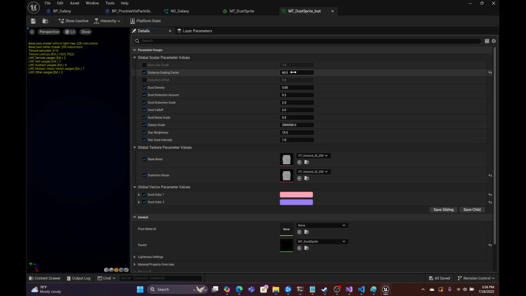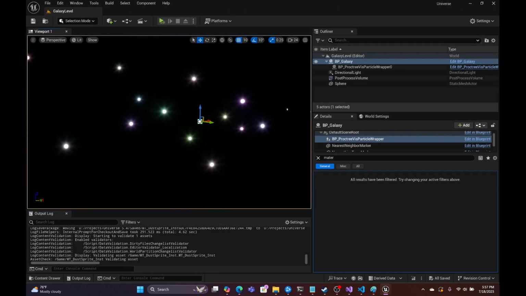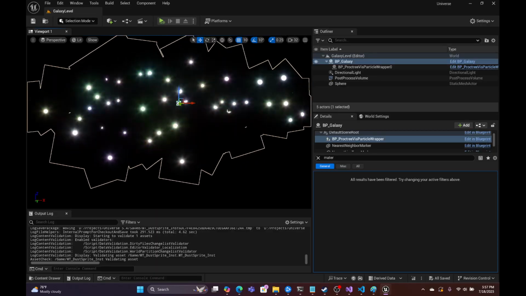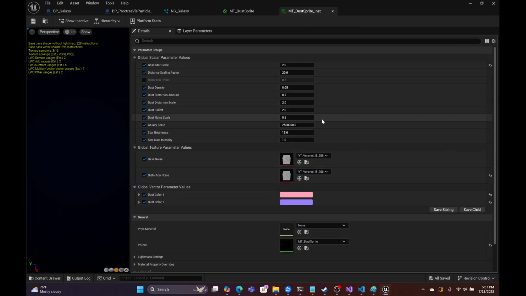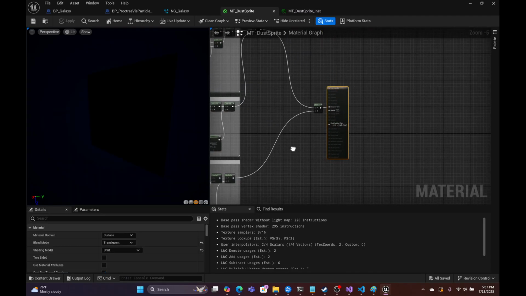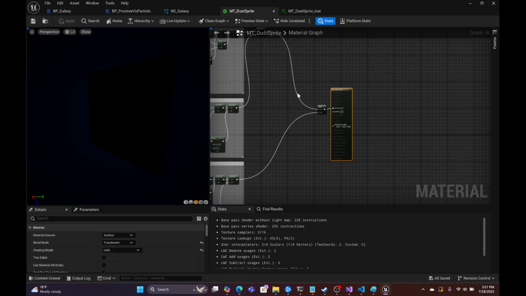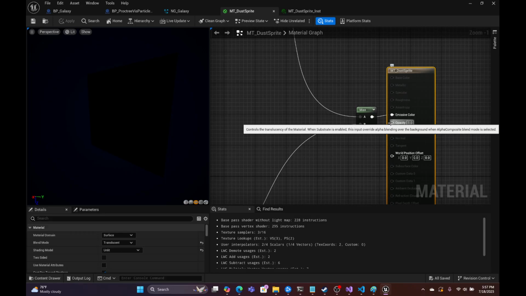Okay, that's too much. That's also too much. Did something happen with the transparency here? I think something's happening to the transparency. Dust, right. Yep.